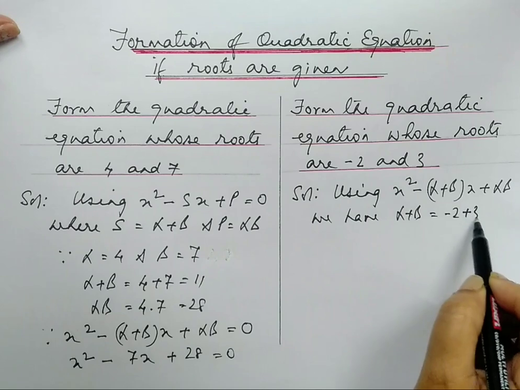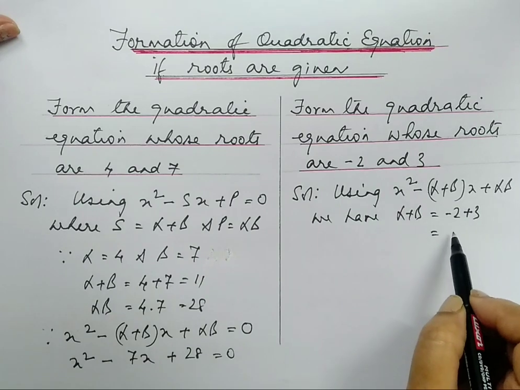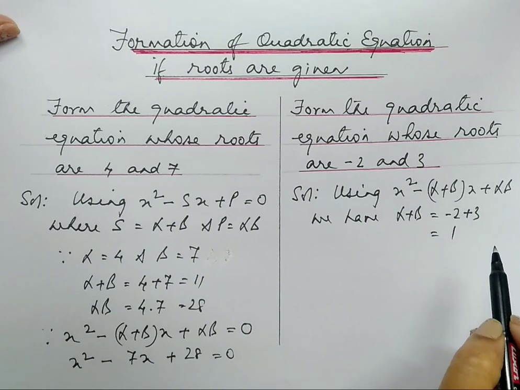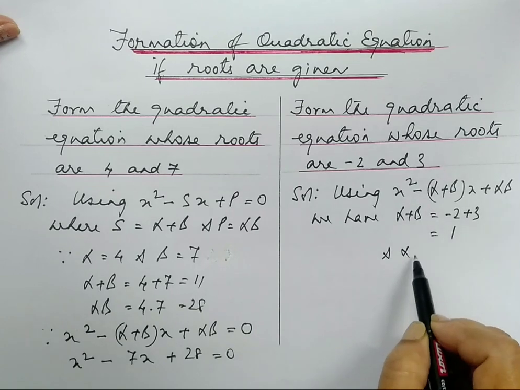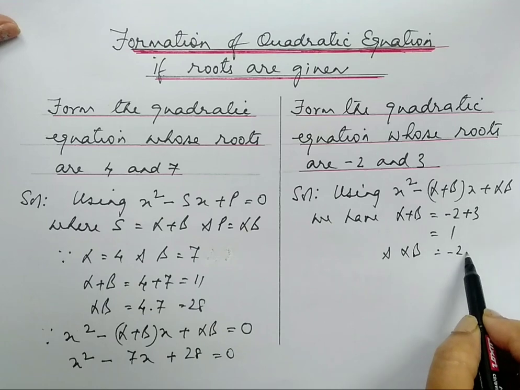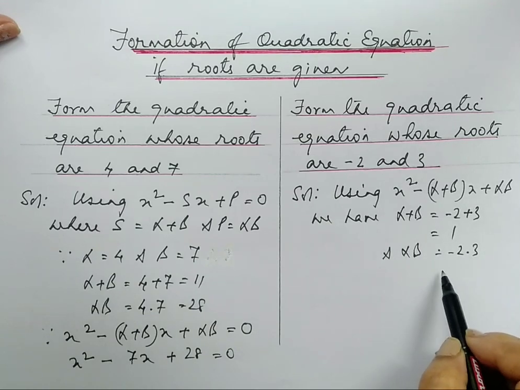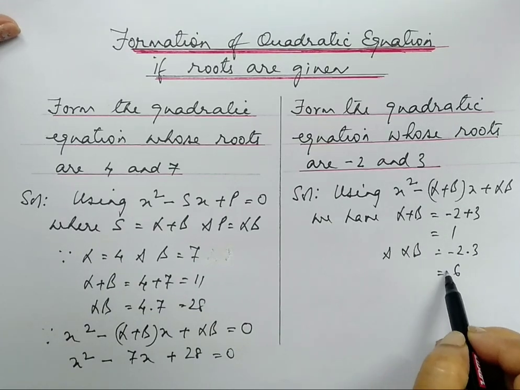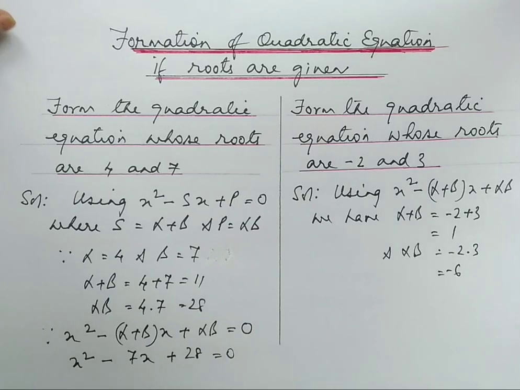Minus 2 plus 3, which is equal to 1. And alpha beta is equal to what? Minus 2 times 3, which is equal to 6 with a minus sign.